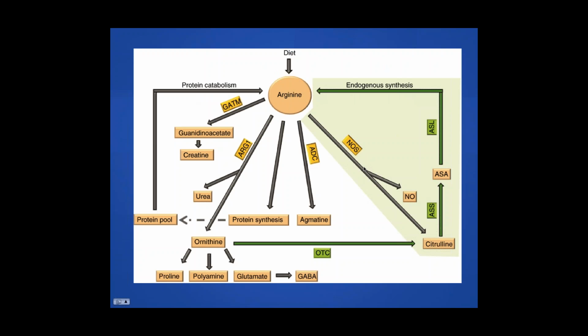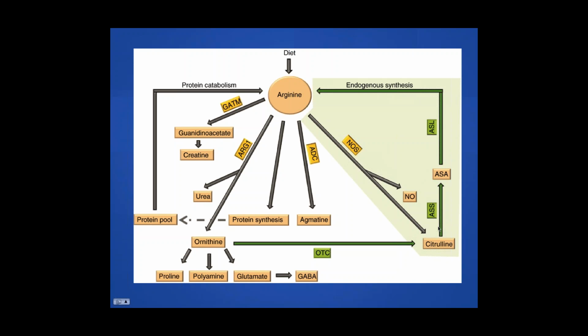And this pathway over here is so here's the nitric oxide synthase gene, or enzyme that's created by the gene coding for it. So arginine is converted to nitric oxide and to citrulline. And from there, we have a gene right here, this lovely little ASS gene, which converts citrulline back to arginine.